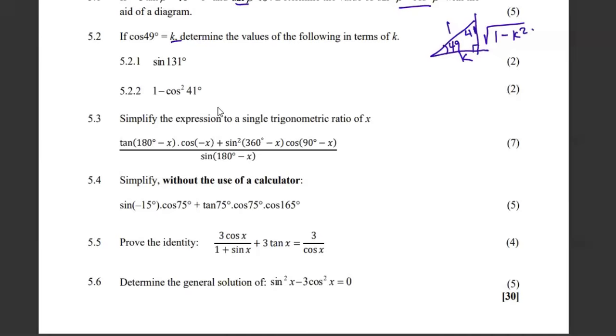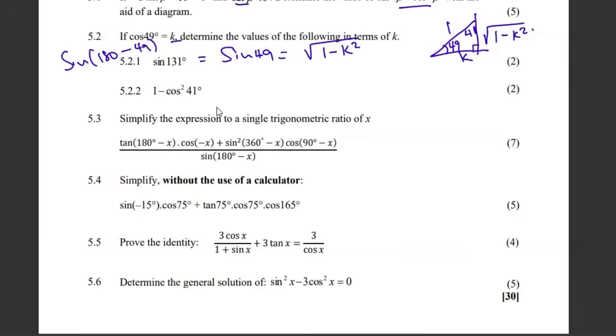All right, then they want us to get the sine of 131. So 131 is in quadrant number 2. So it's going to be the same as sine of 180 minus 49. When you reduce this, you only get sine 49. Sine is opposite over hypotenuse, so which means it's 1 minus k squared.